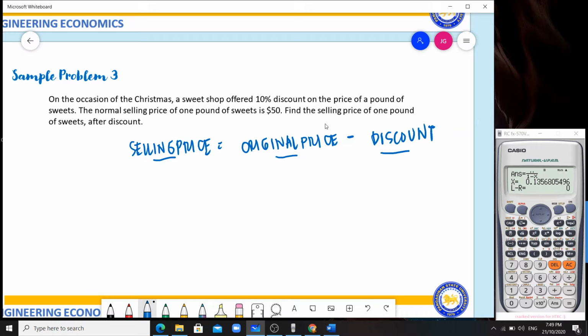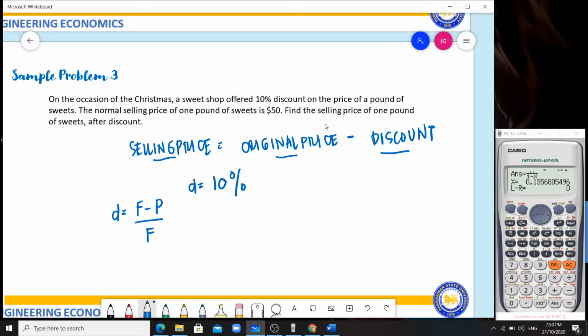Now, we have a discount rate of 10%. So, isn't our formula for the discount rate D equals future minus P over future?